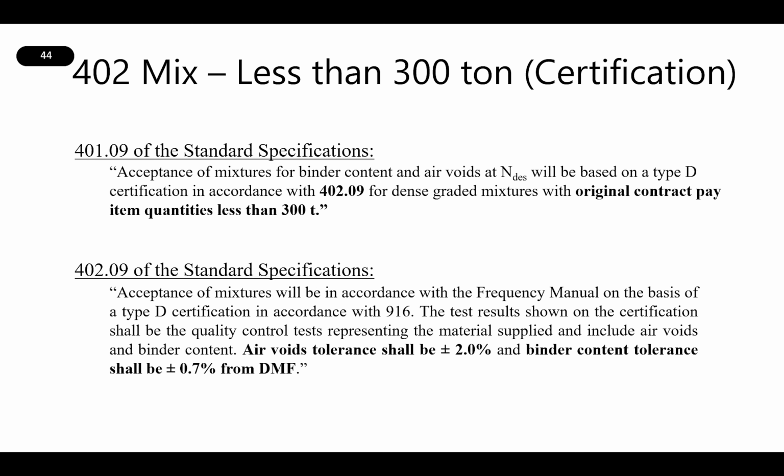It's not enough mix. So what we do is we require a certification from the producer where they've done quality control tests at their plant and assure us that the mix meets specifications. And air voids tolerance shall be plus or minus 2.0 from the design, and binder content shall be plus or minus 0.7% from the design.